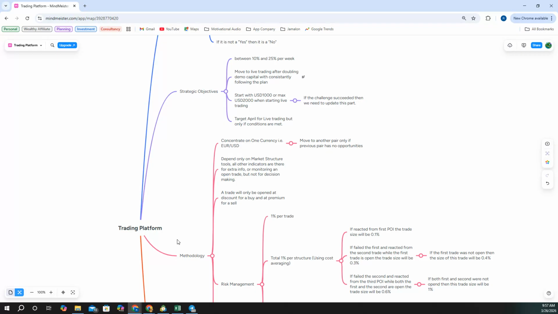For example, if I'm not executing the plan in a good way, the plan will fail, and I will say that the plan is not profitable. The question will be, is the plan not profitable, or is it my execution that is not making the plan profitable? To eliminate this option, I need to train myself on executing the plan in the most professional, fluent way possible.